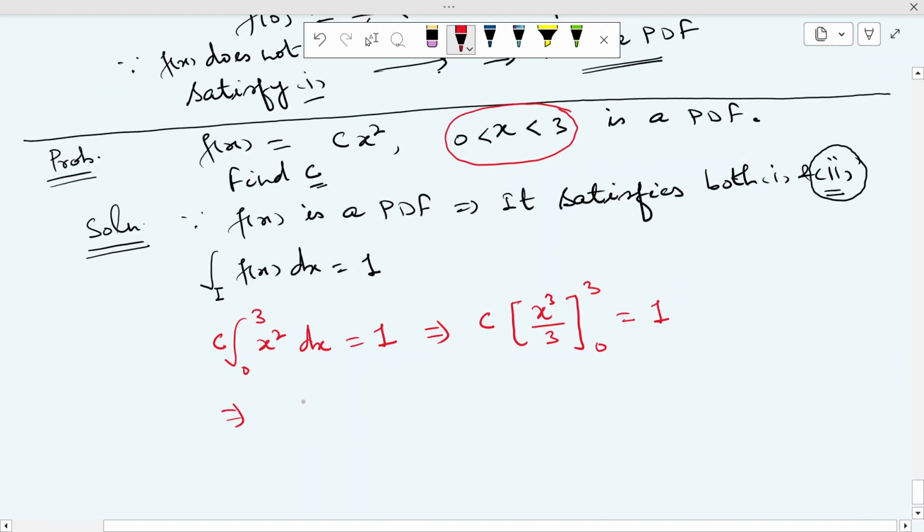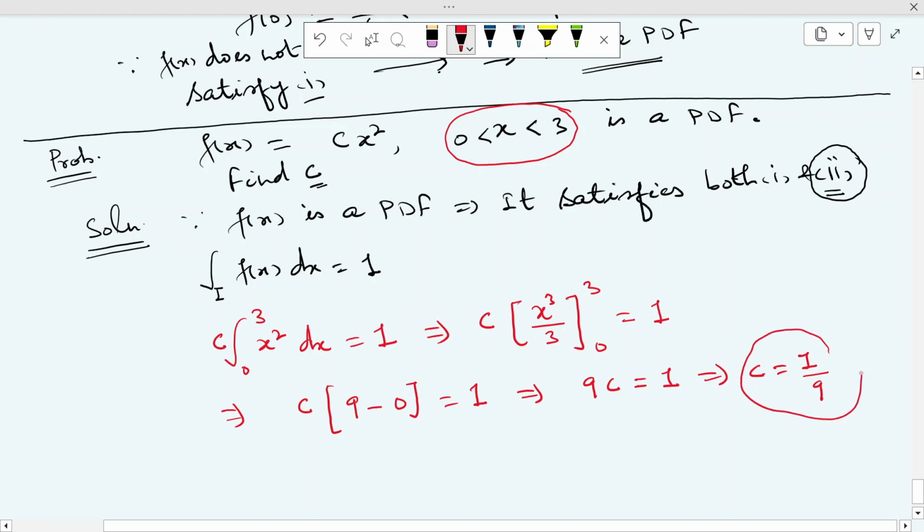So from here you will obtain that this is c times, and when you put the limits, you will get 9 minus 0 is equals to 1. So this implies 9c is equals to 1, and from here you will easily obtain the value of this unknown as 1 by 9.